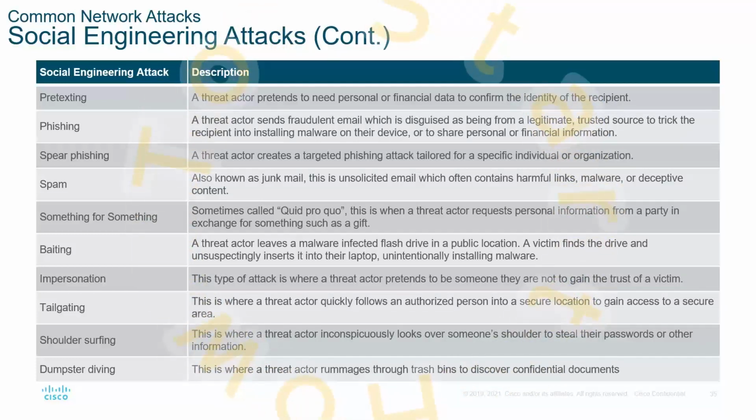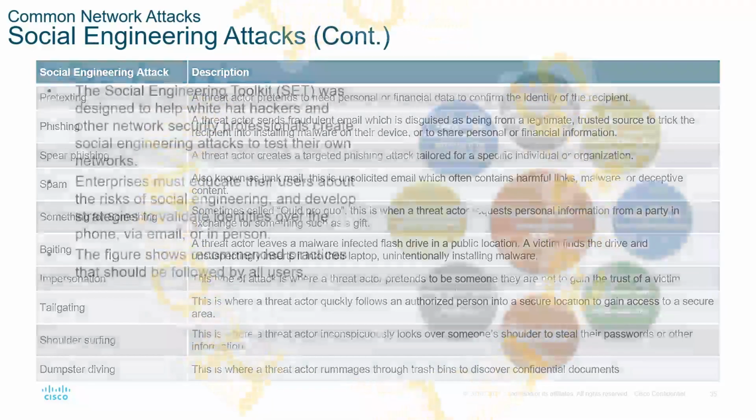Spam is also classified as a social engineering attack. Even though this is more junk mail, this might have harmful links, malware, or deceptive contents. My favorite is "my Amazon account is locked," and it's coming from Joe Blow at azn.com. And it's like, okay, that's not Amazon, but I get tons of them.